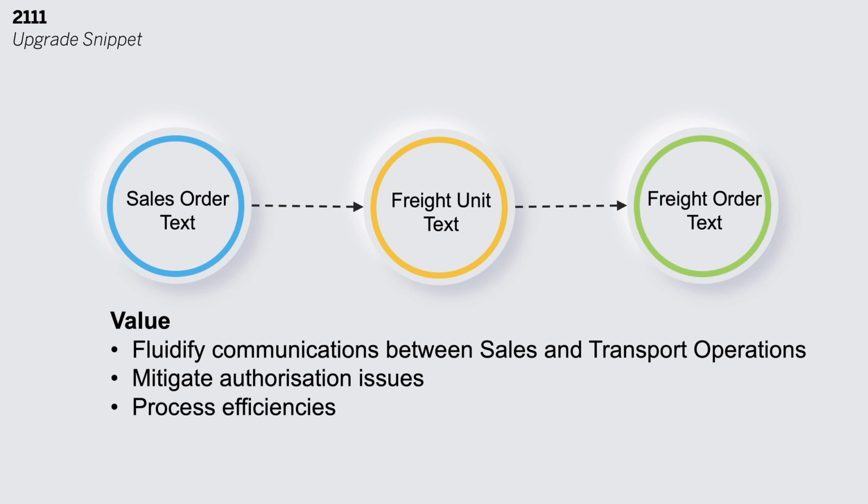And as I said, it presents a time efficiency in that you don't need to waste time trying to find somebody, call somebody, or look at a different object in SAP to find out if there is any information that you should be aware of from a transportation point of view that would have been captured in the sales order.